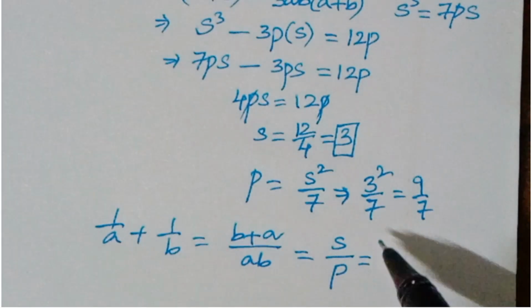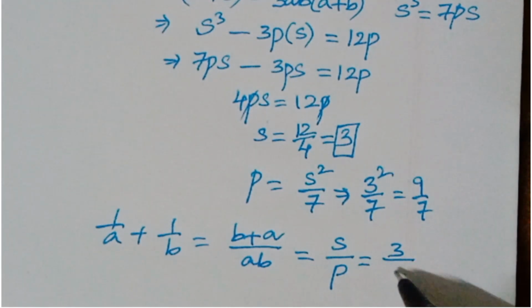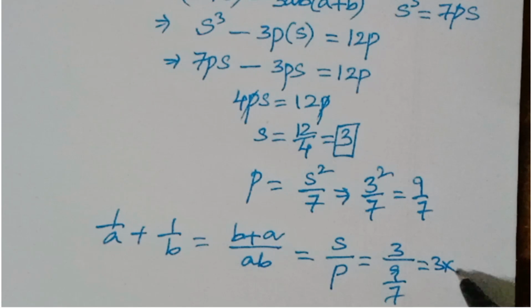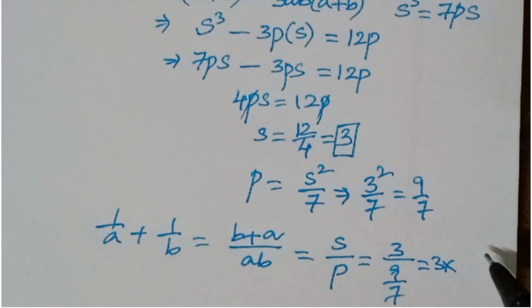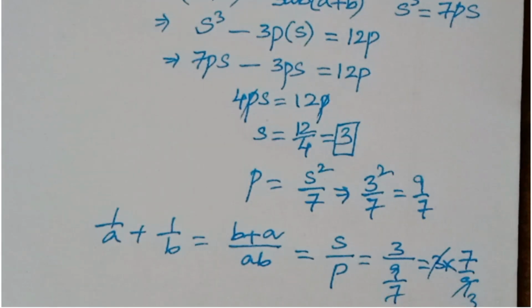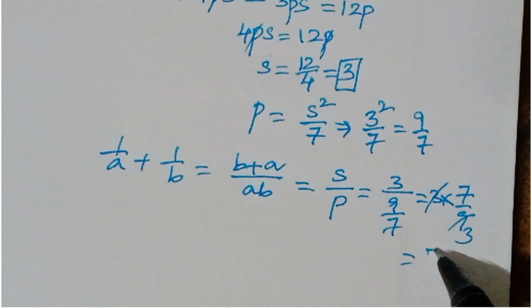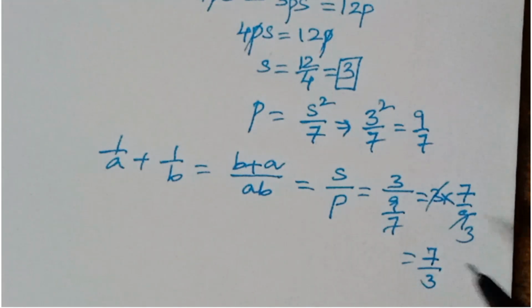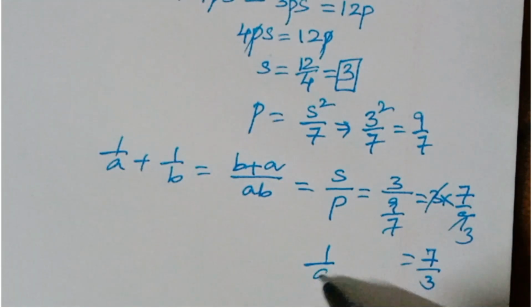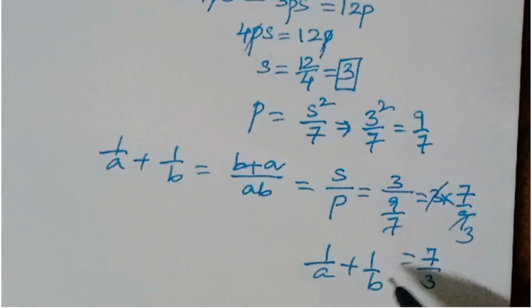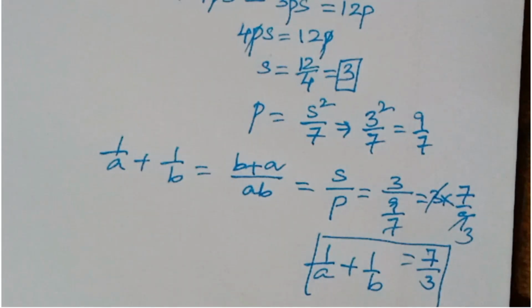So here 3 by 9 by 7, so 3 into 7 by 9, so it will go 3 times. So the answer is 7 by 3. Therefore 1 by a plus 1 by b value, we are getting 7 by 3.